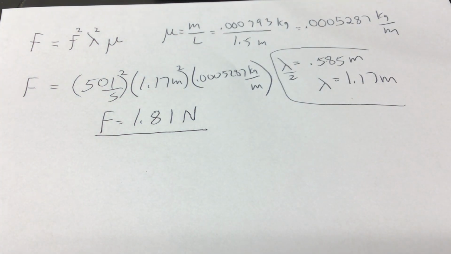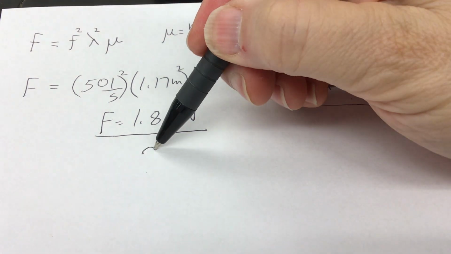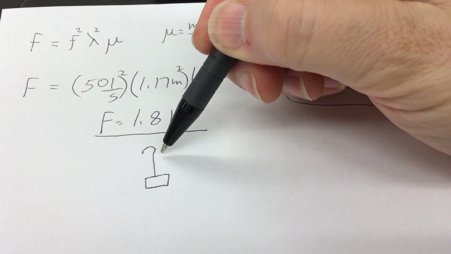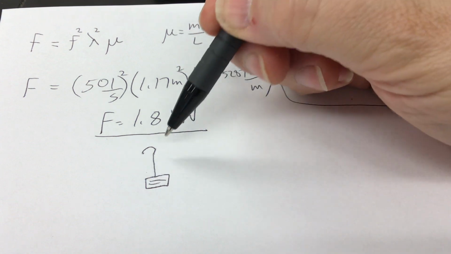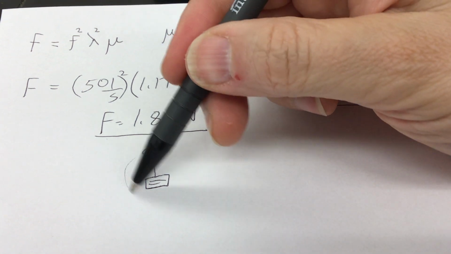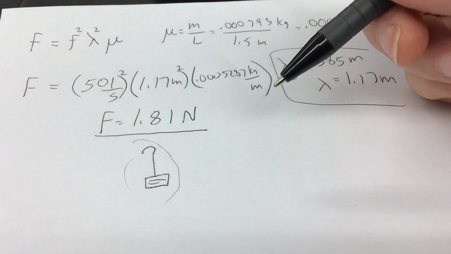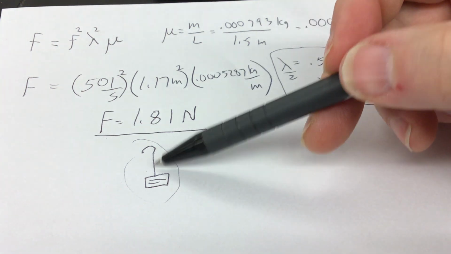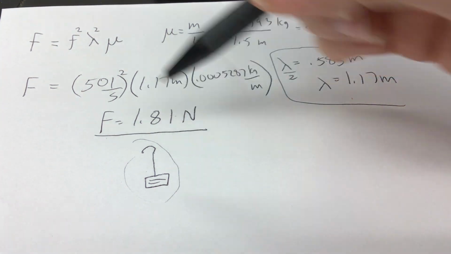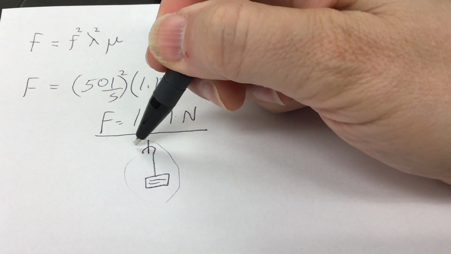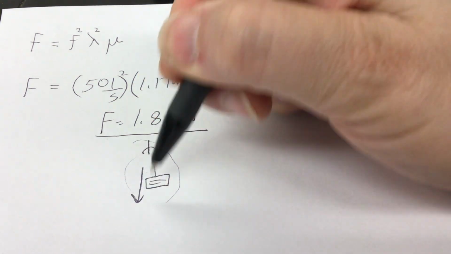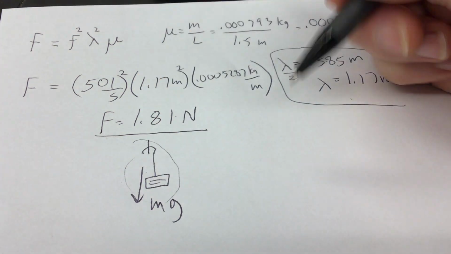Now that's a force. What we want to do is figure out how much mass we need to put on the hanger. So here's our hanger, right? This is 50 grams plus whatever mass. The mass that we put on top is labeled in grams. So this is a force, and the reason why you put the tension there is because there's a force acting downward due to gravity, mg.